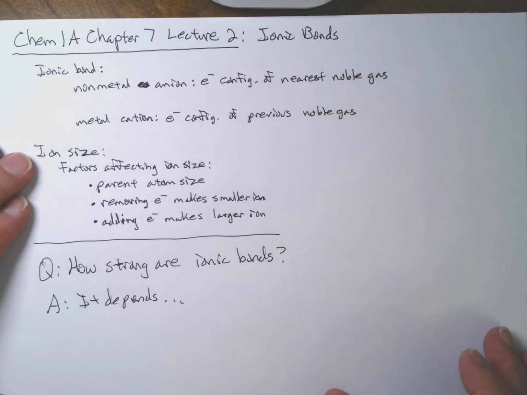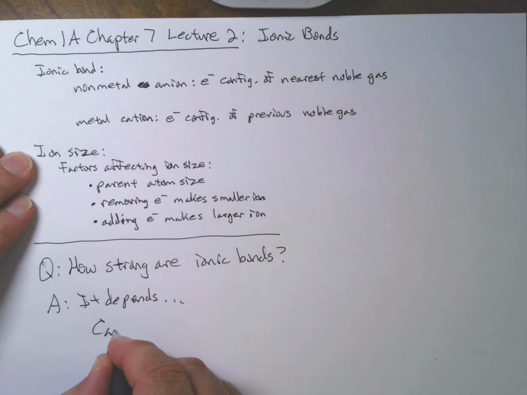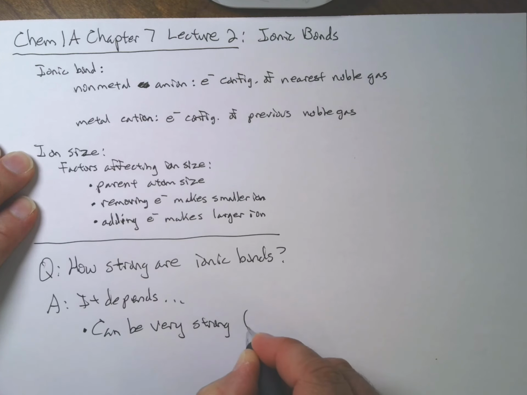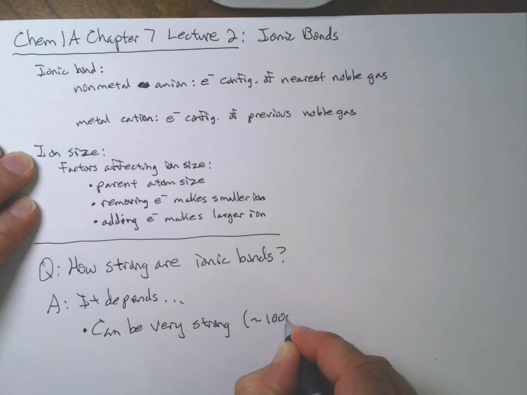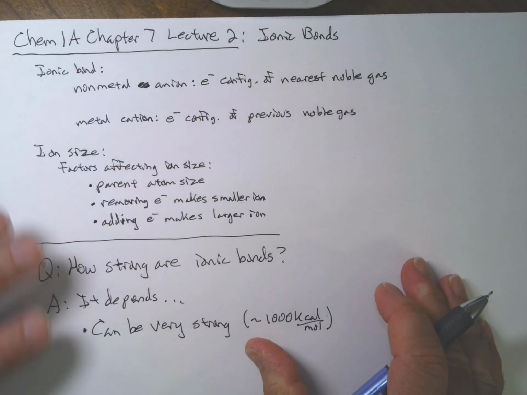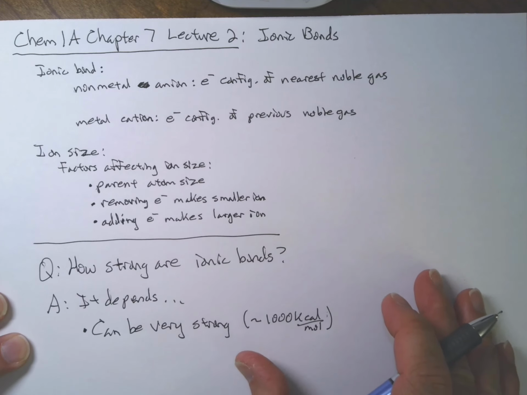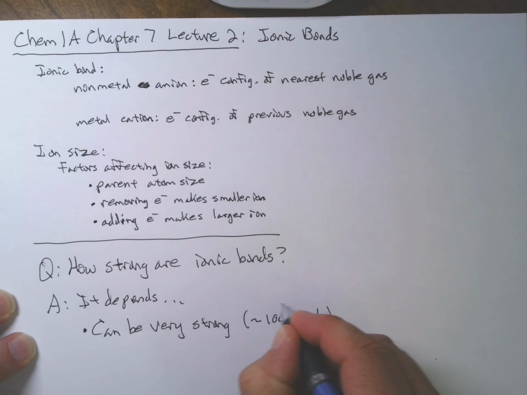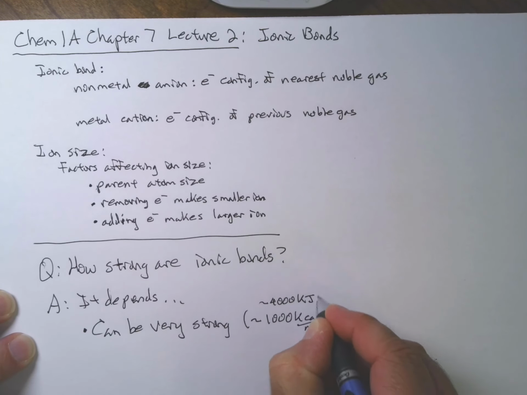Okay, ionic bonds can be very strong, on the order of 1,000 kilocalories per mole, which would be like 4,000 kilojoules per mole for certain ionic bonds.